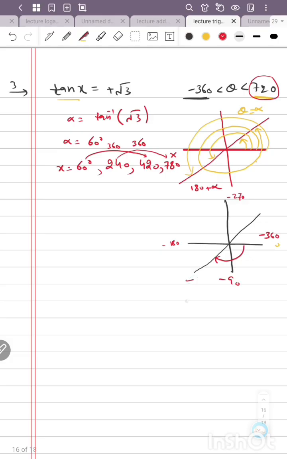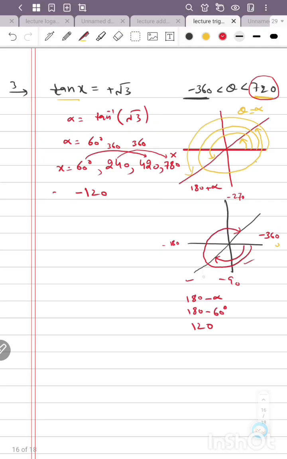For the second quadrant, we know that it is 180 minus alpha. 180 minus alpha means 60 degrees, so we get the answer 120. But this is not positive 120, this is minus 120. Why negative? Because we have to move in the clockwise direction. Now again we start from here and go to the fourth quadrant.